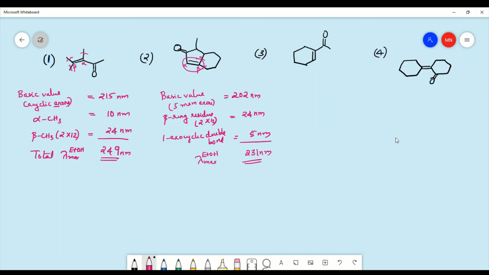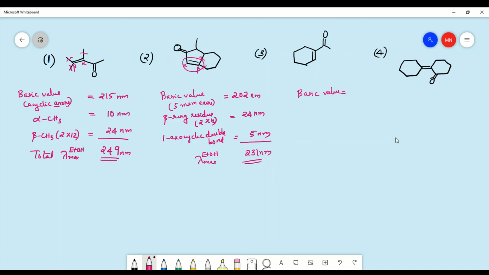Now let us move to the third compound. This is a 6-membered alpha beta unsaturated ketone. You can also consider this as an acyclic one, because the ketone is outside the ring.